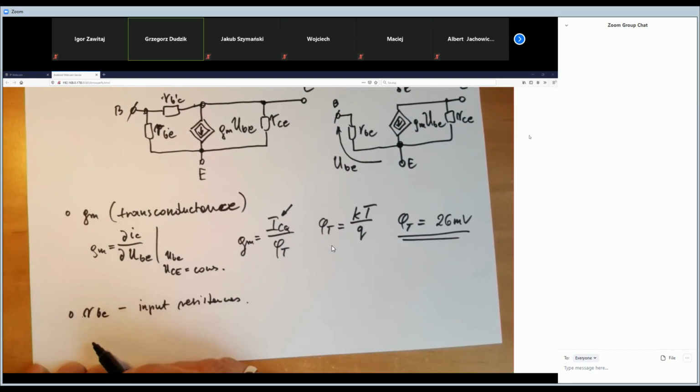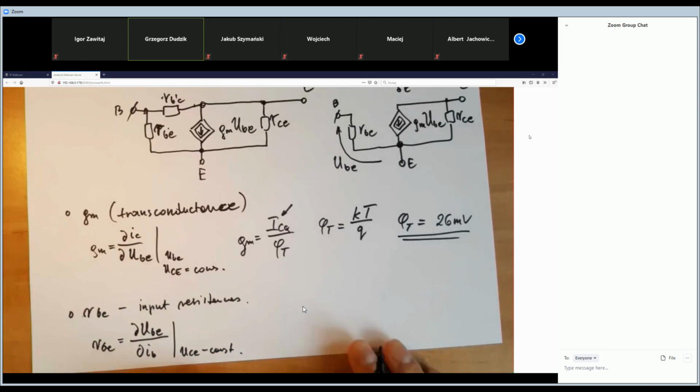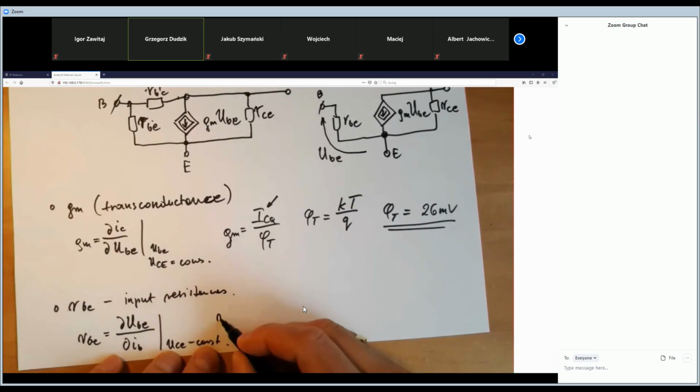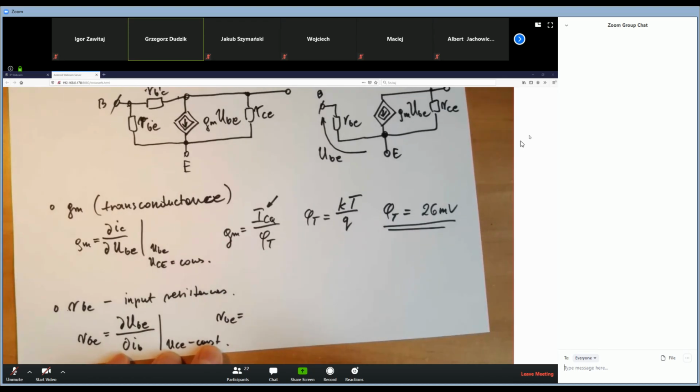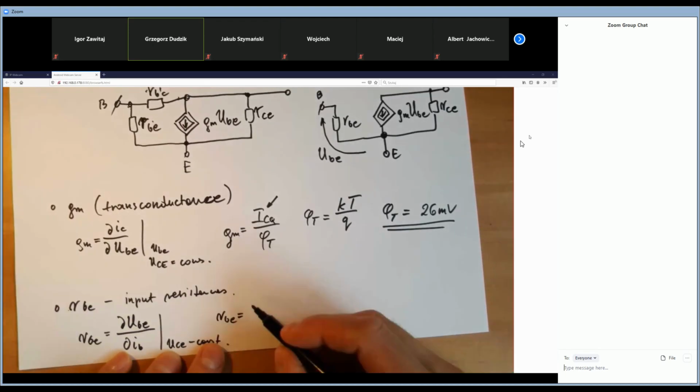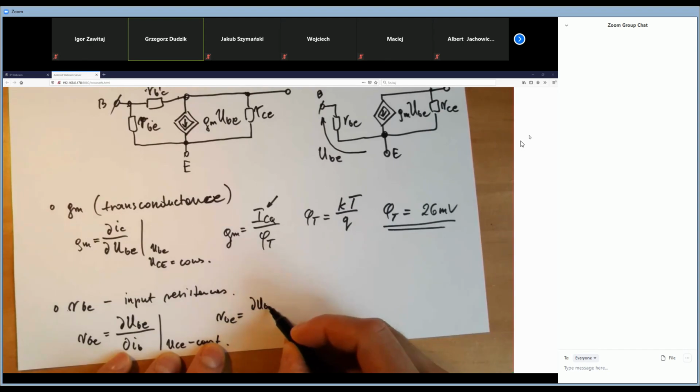From the definition, the RBE is calculated according to Ohm's law: the change of the UBE voltage drop over the change of the current IB, for, of course, constant UCE. So let's find what the RBE is. According to this definition, it is the change of UBE over the change of IB.